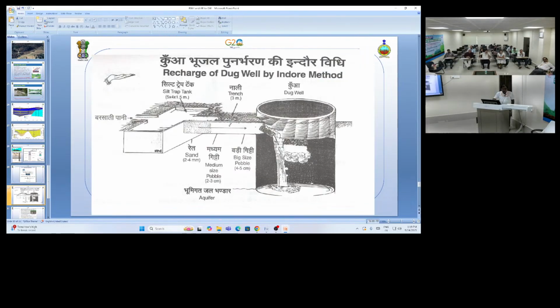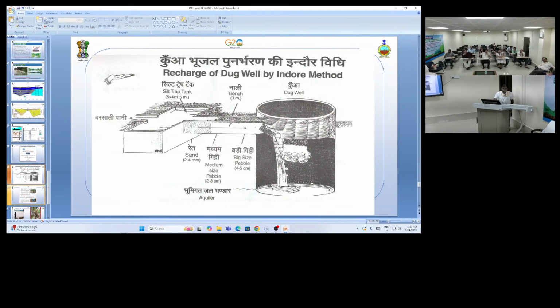If the aquifer is within 2-3 meters, then you can recharge through a dug well also. If the water level in a dug well is going down, you can recharge through your existing dug well or through construction of new dug wells.